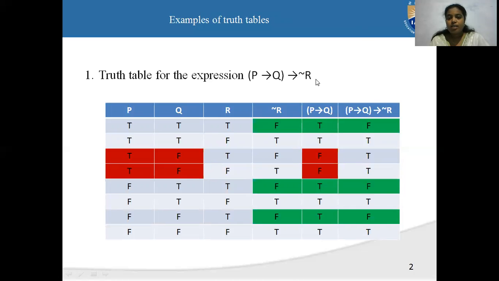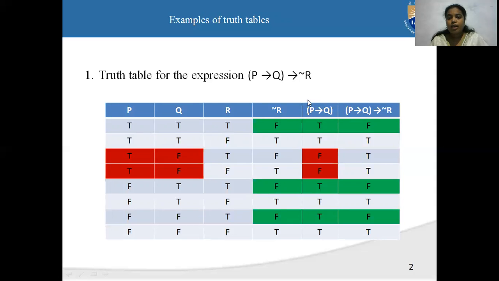So here there is a negation of R, so you have to write the negation of R first. Next you have to identify the parenthesized propositions, because it is a minimal compound statement in the given statement. So you have to take one more compound statement, that is P to Q.